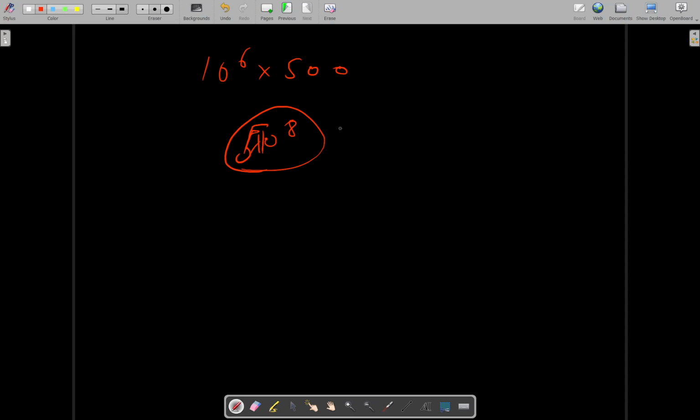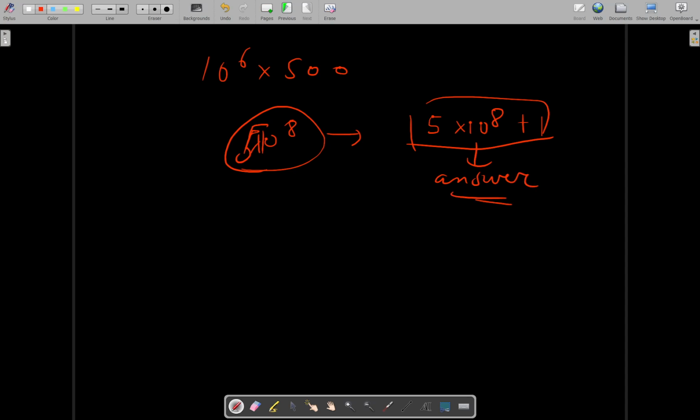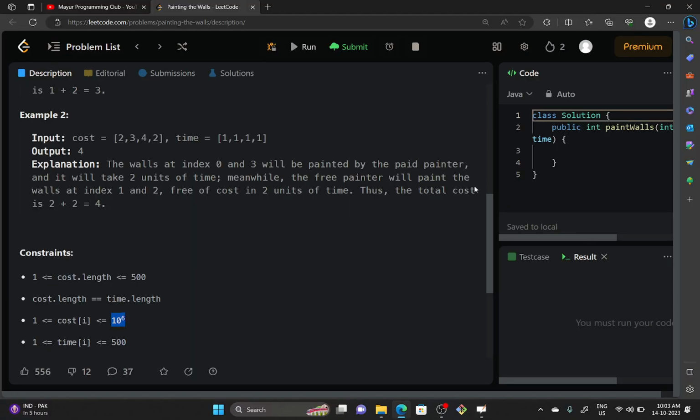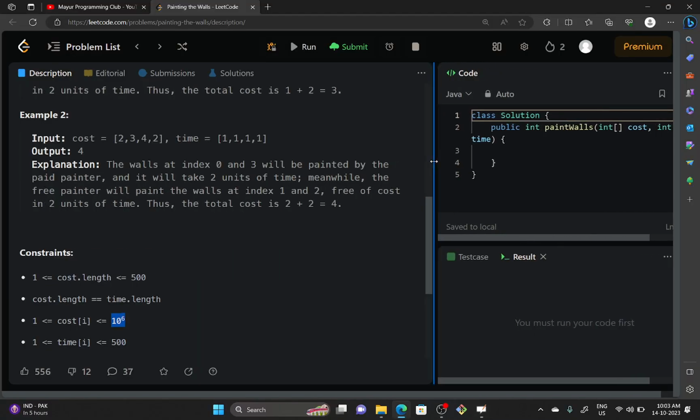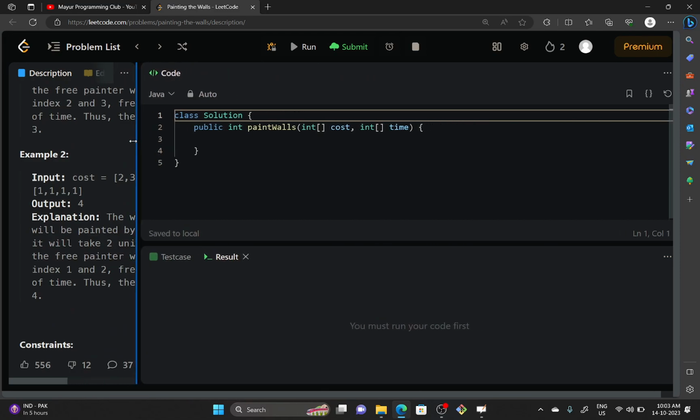Okay, so you can take your answer initially to be 5 into 10 raised to power 8 plus 1. So without further delay, let's implement the solution.